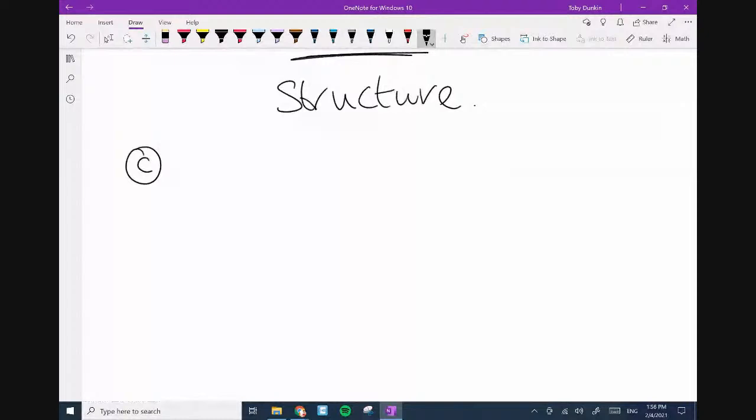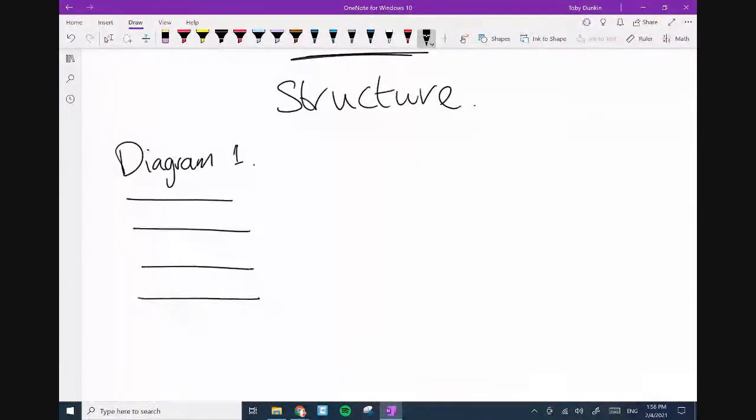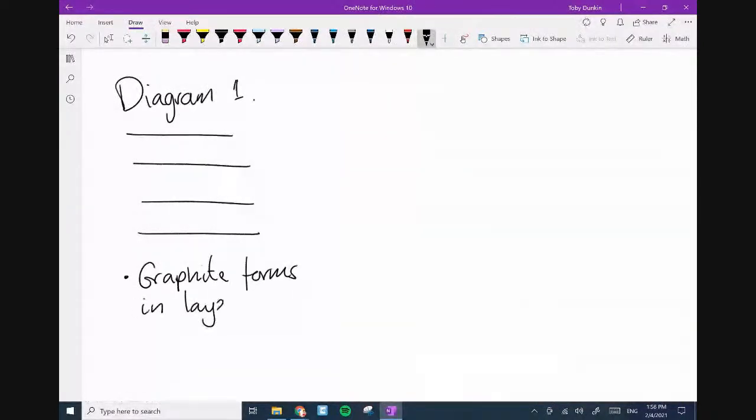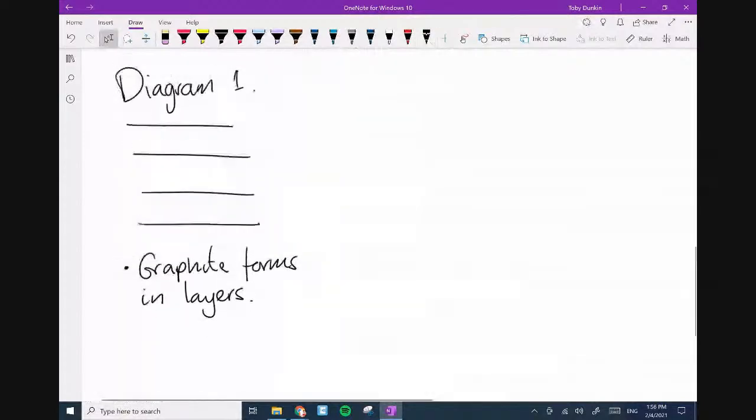Diagram 1 for graphite: it forms in layers. This is why it's soft. This diagram here explains why it's soft.